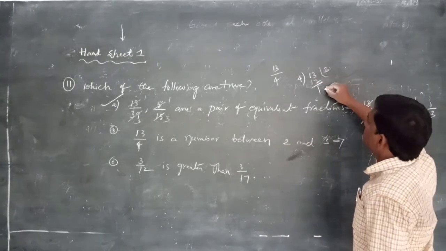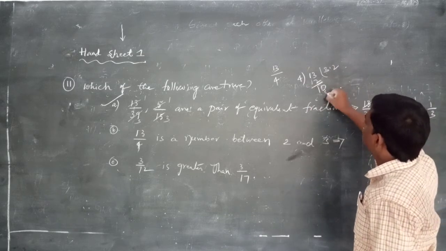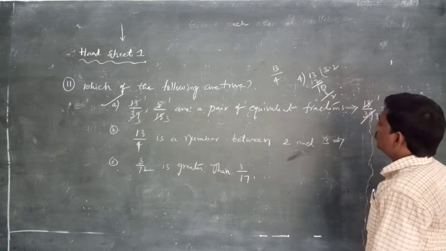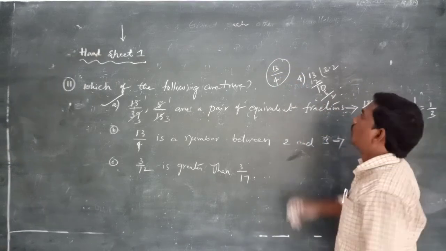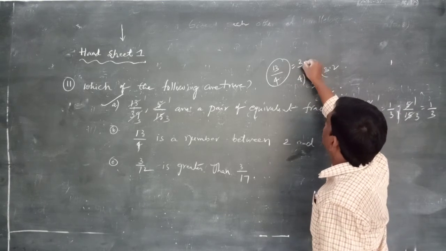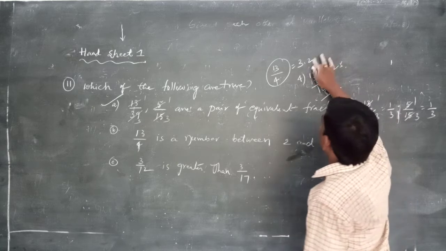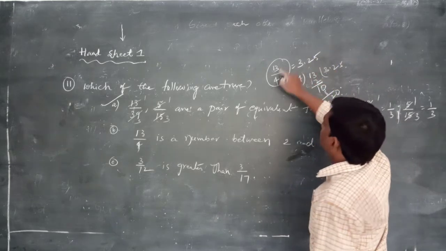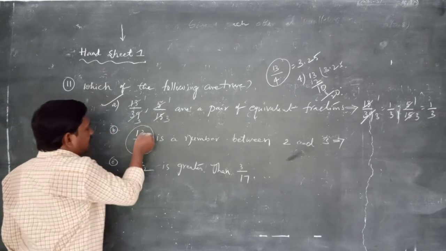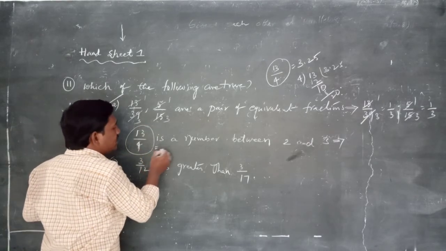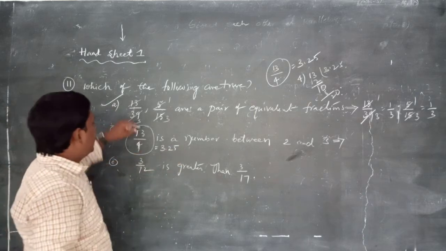Take the decimal point and take 0. 4 twos are 8. Again 2. So the value of 13 by 4 is 3.2. Take another 5 times. So 3.25. The value of 13 by 4 is 3.25.